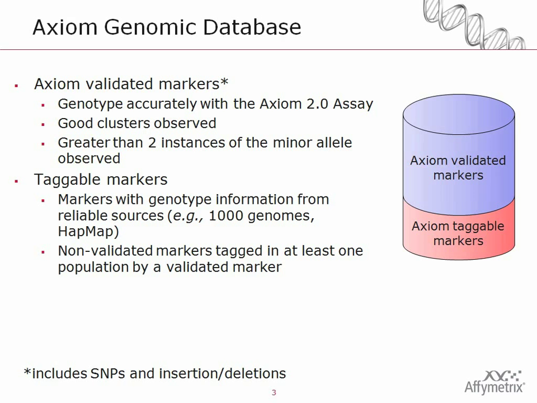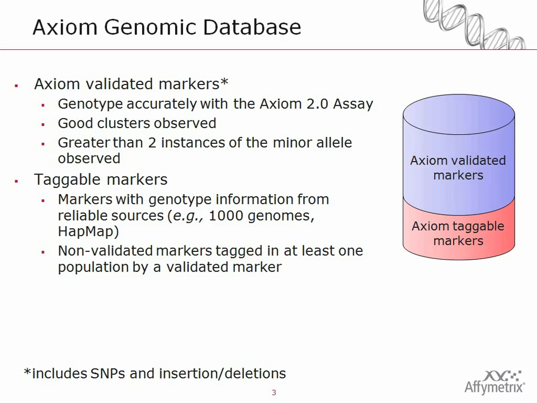A second set of markers that are included in the Axiom database are what we refer to as taggable markers. These markers have not been shown to work with the Axiom assay. There are a couple of reasons. The first is we haven't assayed the marker. A second possibility is that we haven't seen at least two instances of the minor allele. And the third option is that for whatever reason we haven't seen good cluster resolution at this point with that marker.